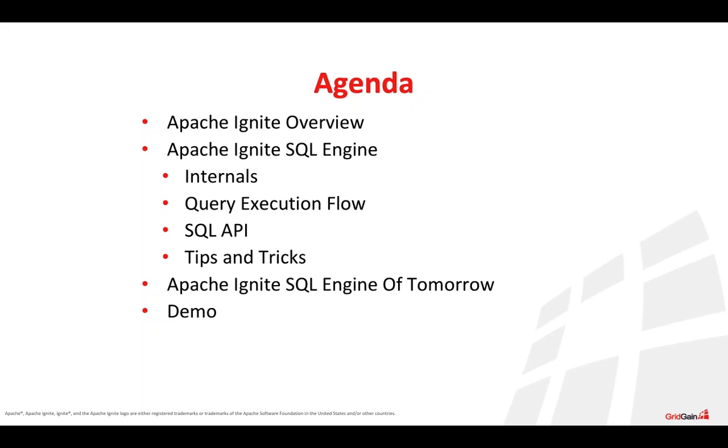We will start from the core of our engine, and I will answer questions like how the queries are being executed, how the Ignite SQL engine builds execution plans, and what the engine uses in order to optimize or parse queries, and so on and so forth.